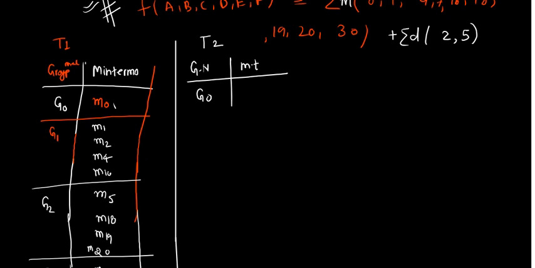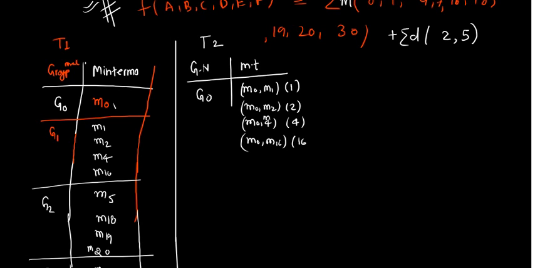Anyway, so 0 and 1, 0 and 2, 0 and 4, 0 and 16, the differences are in powers of 2, so we can make the pairs M0, M1, and now the difference is 1; M0, M2, 2; M0, M4, 4; M0, M16, 16. Done. Group 0 is done.